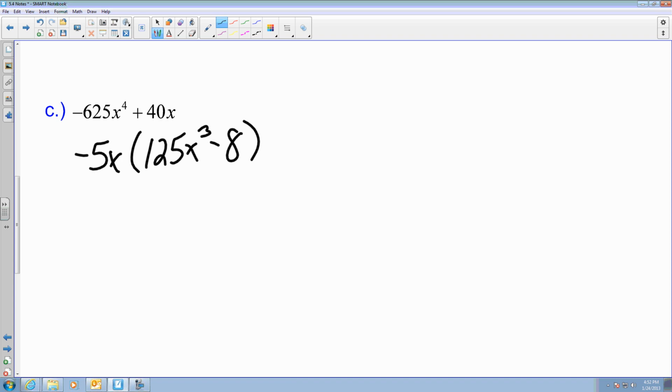So I could pretend that a equals 5x, because if I cube it, it gives me 125x cubed, and then b would equal 2. That means I can use my equation from the first part of my notes, the difference of two cubes.